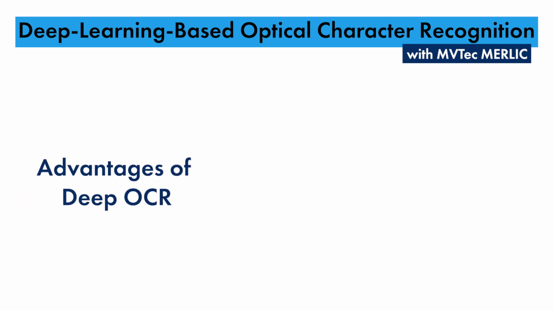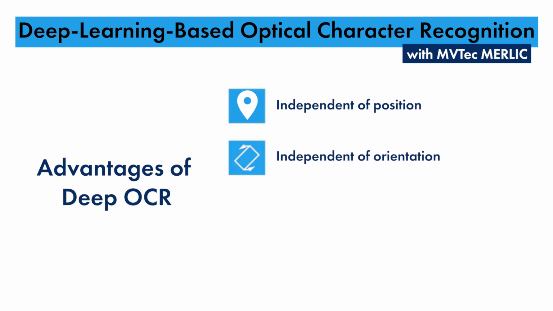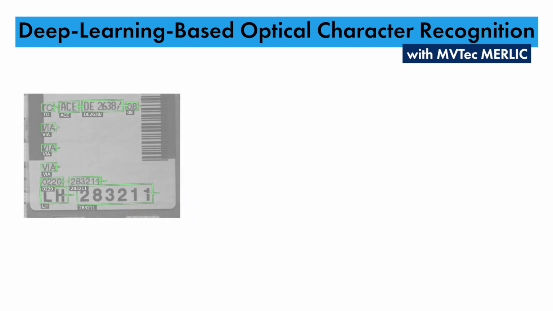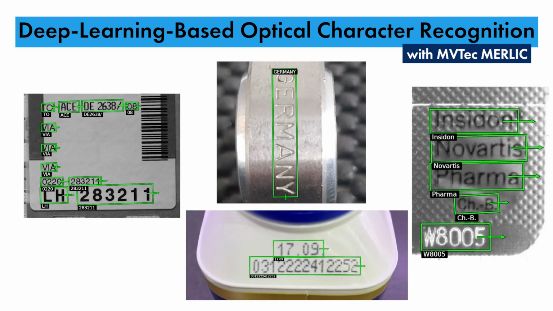The Read Text and Numbers with Deep Learning tool uses a deep learning-based approach for optical character recognition and localizes and recognizes characters more robustly, regardless of their position, orientation, and font type. It groups characters into words, reducing the risk of misinterpretation. This makes it possible to read even very heterogeneous and difficult images, like these, with nearly the same parameter configuration.